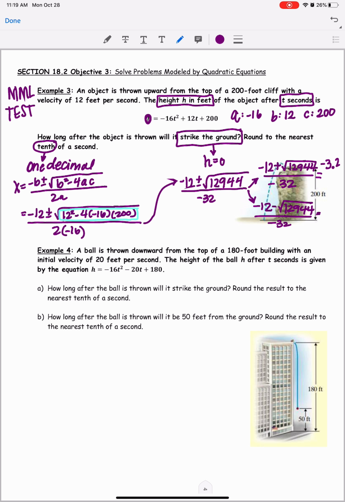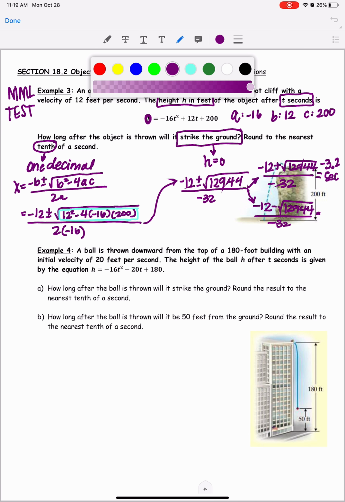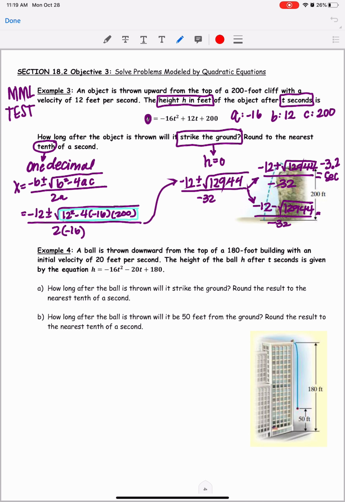Okay, that 8 behind that 1 makes that go up. And what unit are we in? We are in seconds. Now, does it make sense that an object will hit the ground in negative 3.2 seconds? No, that one's not feasible. Okay, so we're throwing out that answer. I can't have a negative time.